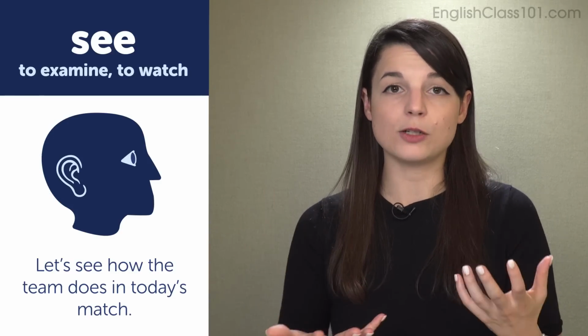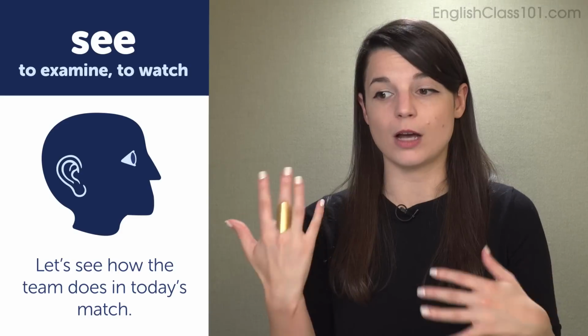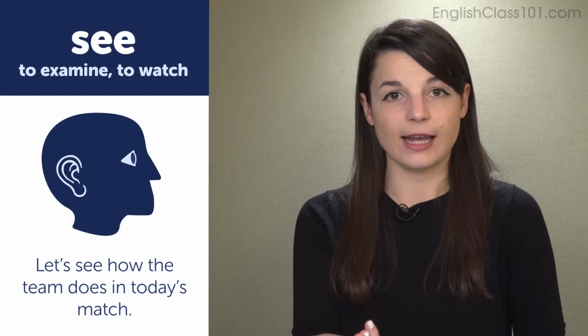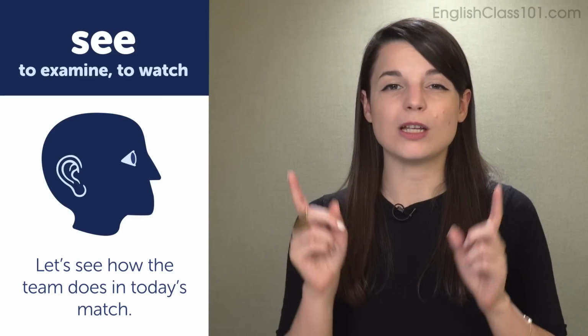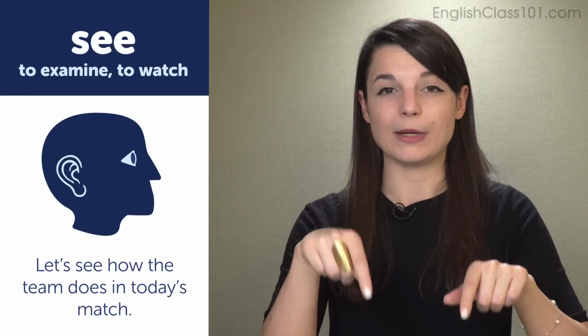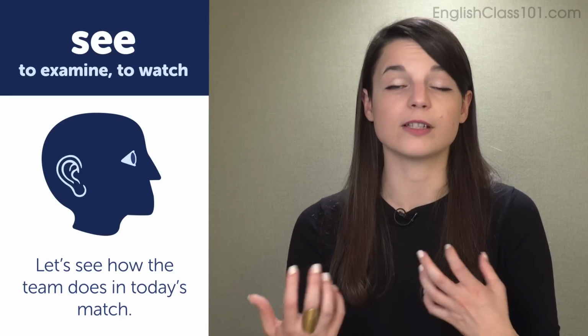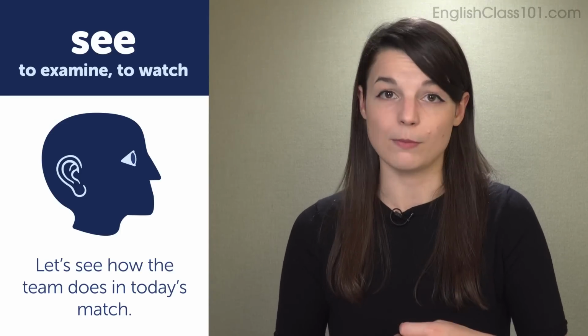See has this nuance of examining something. So we're expecting some result. So let's see, in this case, doesn't only mean using your eyes to examine. It can mean to examine maybe the results of something, to examine the outcome of something.